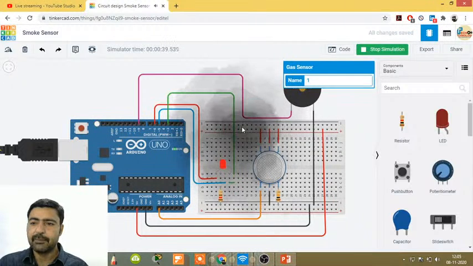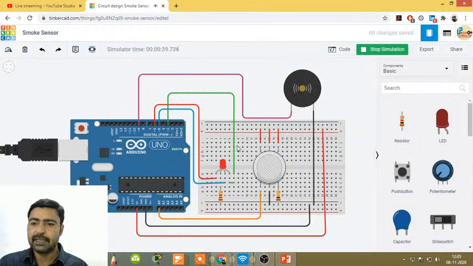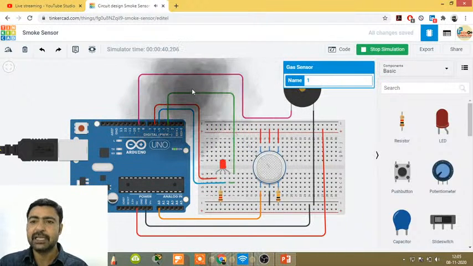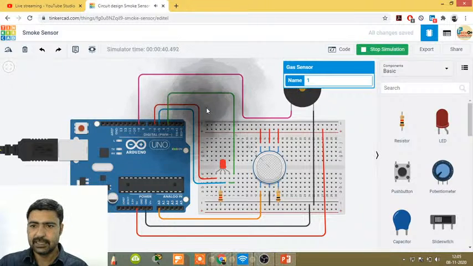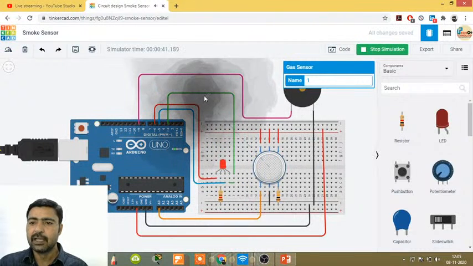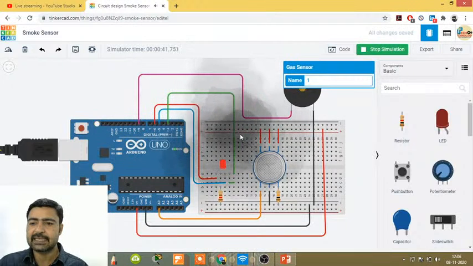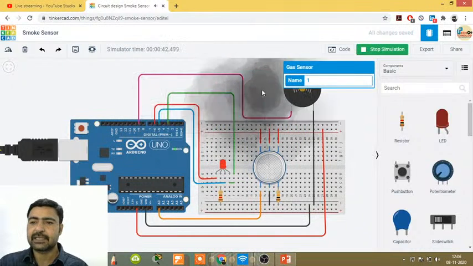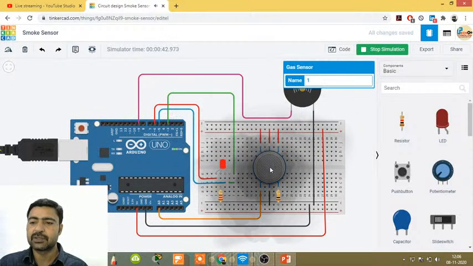But when I bring this gas nearer and nearer, the alarm, the piezo speaker will be sounding with different frequency and more louder. So whenever I am bringing this gaseous concentration towards the gas sensor, our speaker or our piezo is alarming with different sounds.